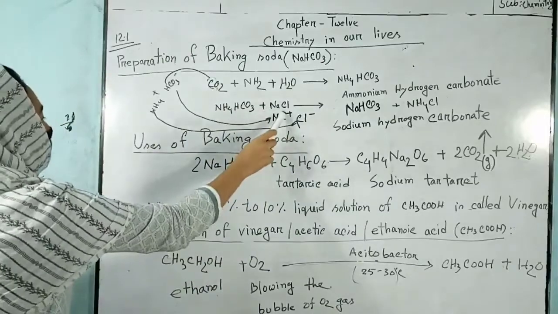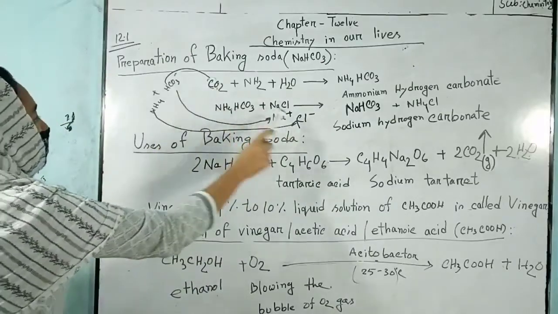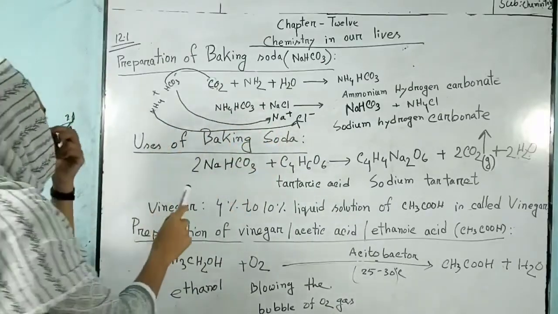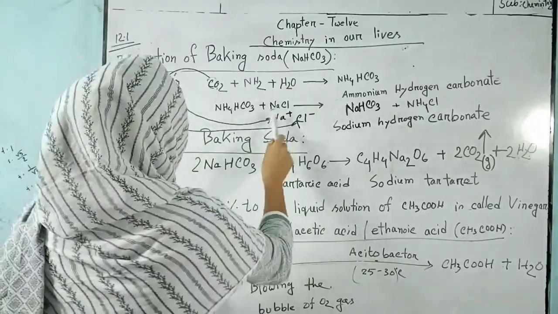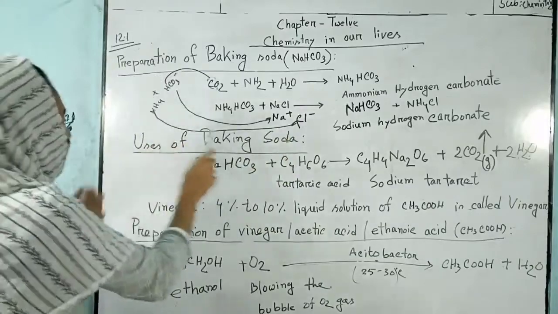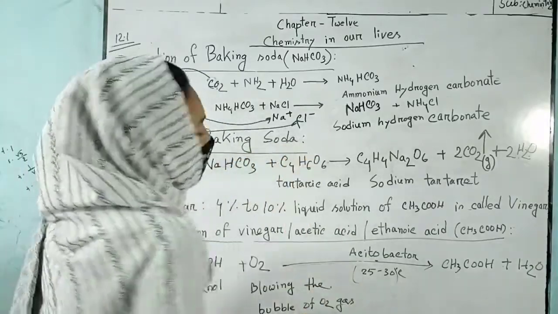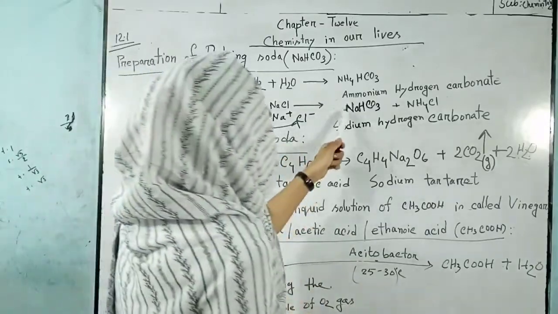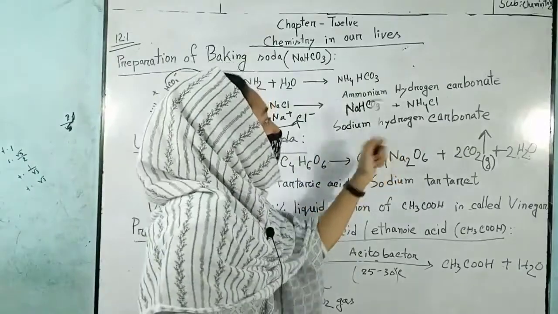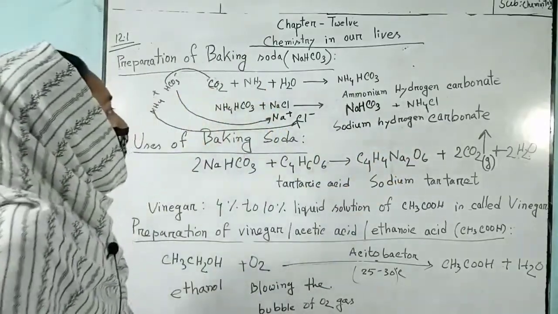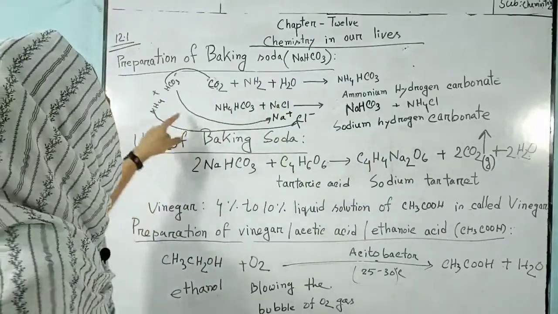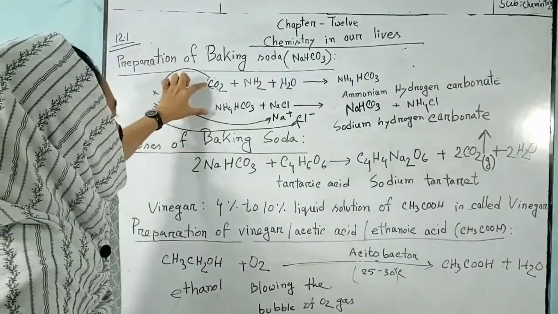Plus attracts minus and minus attracts plus. So HCO3 minus attracts Na plus, and NH4 plus attracts Cl minus. Then we get NaHCO3 and NH4Cl. This is our first step and this is our second step.